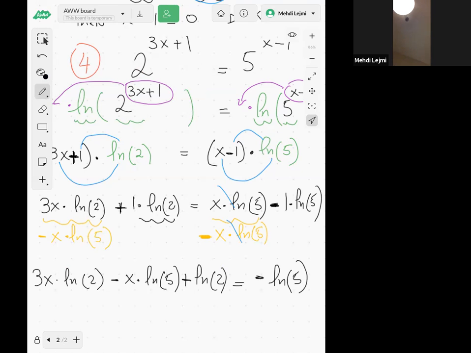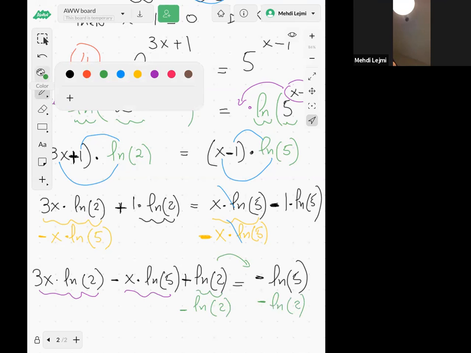Okay, so now I've got an x here, so x will be like a common factor, so I can factor out x, but there's no x in this natural log of 2, as you can see, right? This natural log of 2 is just some constant, some number. So I'm going to move it to the other side. The way to move it to the other side is to do the opposite operation. So this is plus, so it's a minus now.